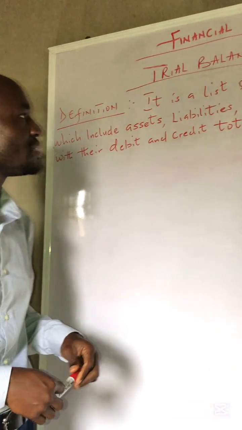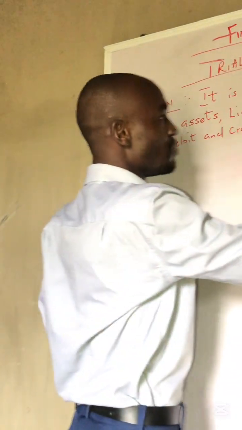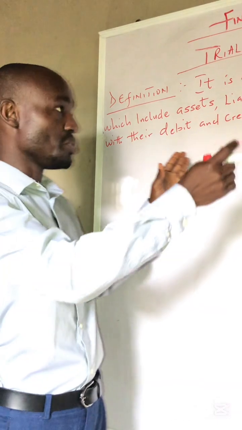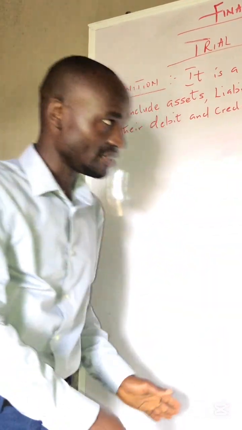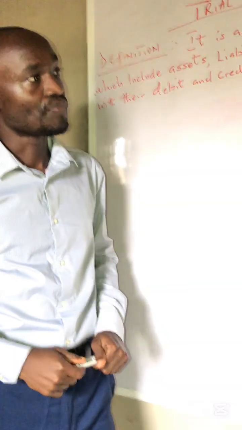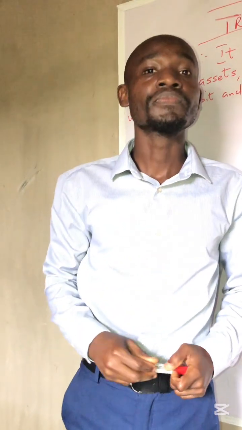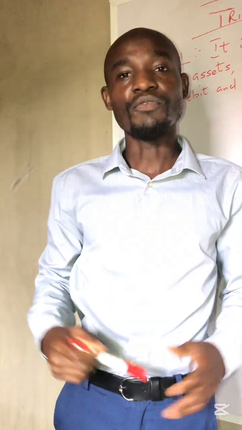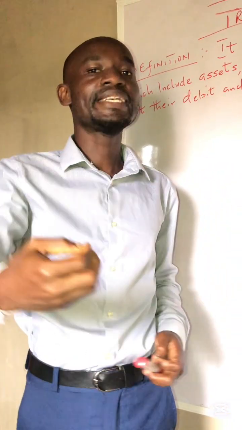So what they are saying is that all these parameters we have just mentioned, we have to group them. We are going to group some at the debit side, and some at the credit side.